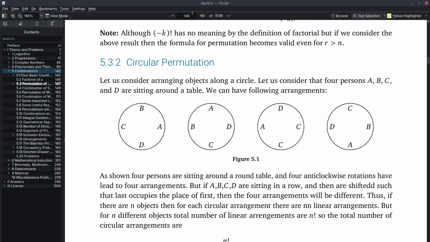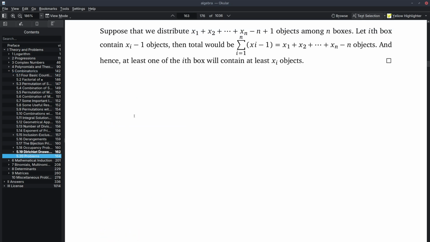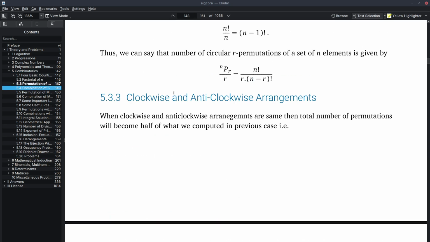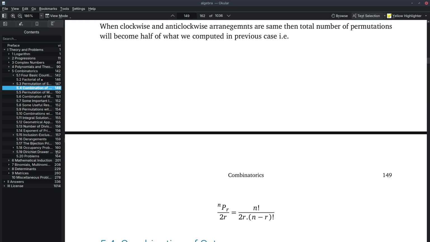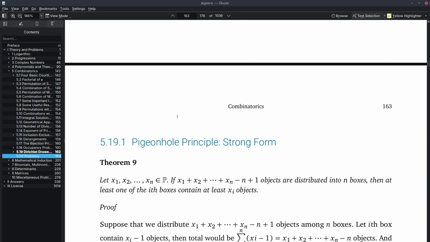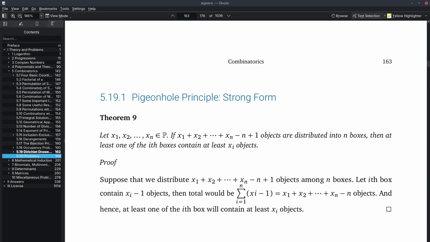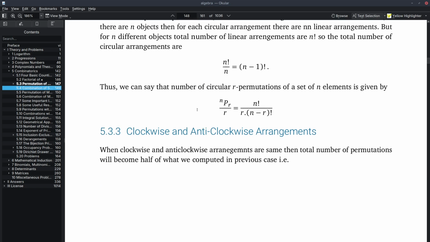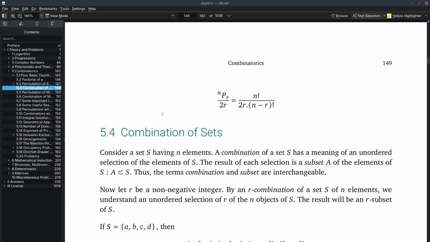So we are at page number 148, and we have to go till page 163. So 15 more pages are there. It will take a while because I would like to go slow. Let me know if you want me to cover more in one video. If you want, I can make a longer video.